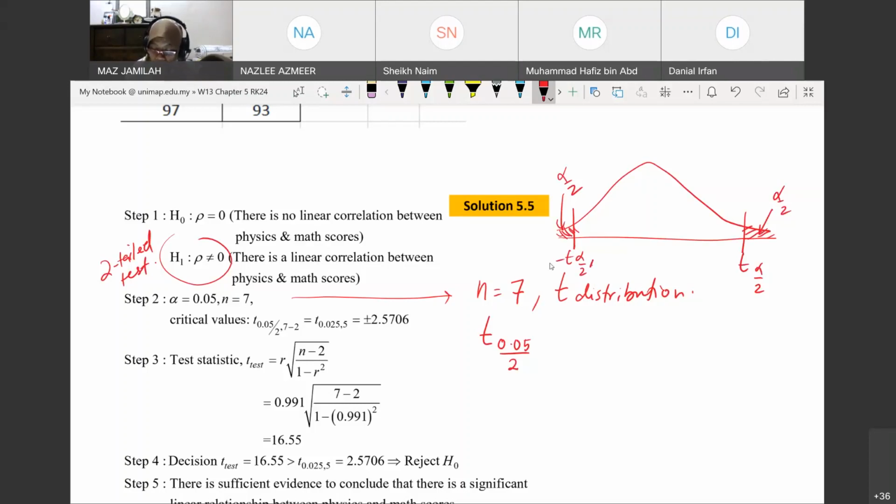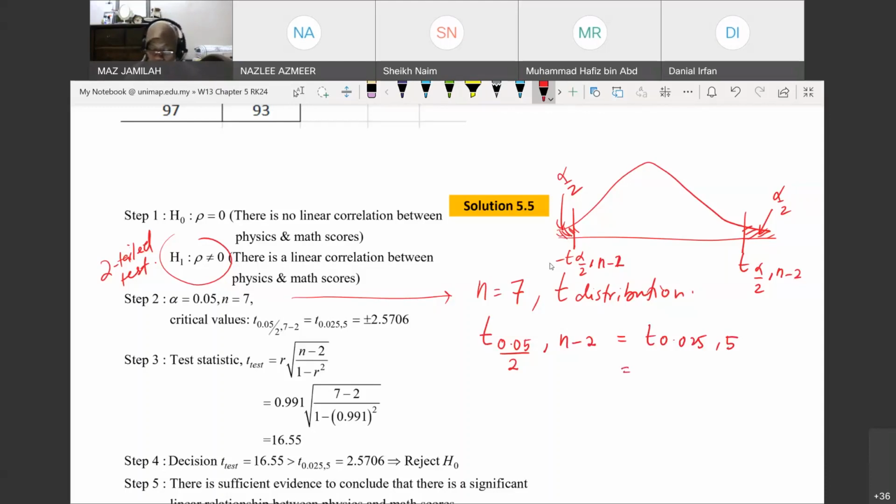And you have your parameter, which will be n minus 1, sorry, n minus 2. So for your critical value, you will have t alpha over 2 with n minus 2. So that will be t 0.025, and 7 minus 2 is equal to 5.